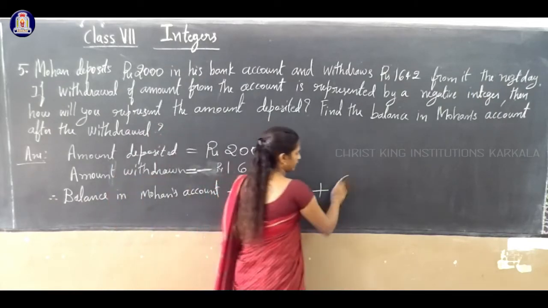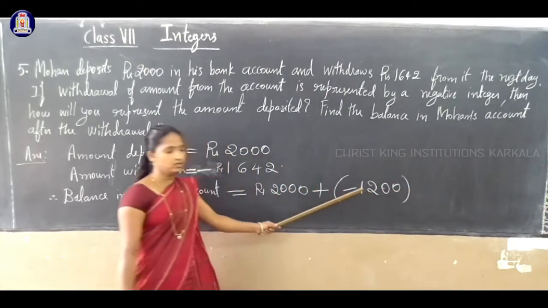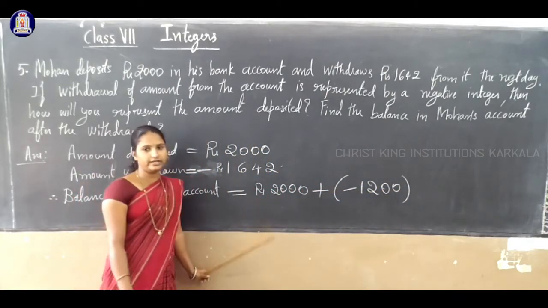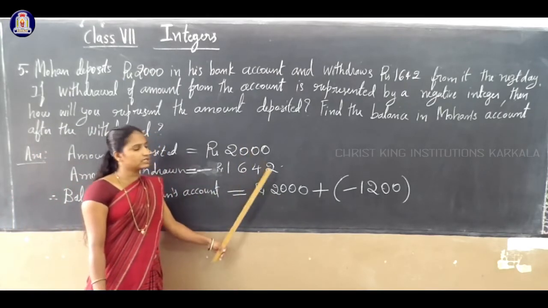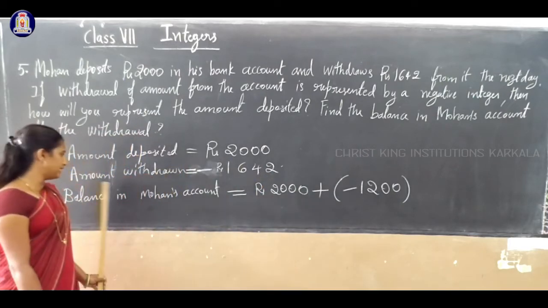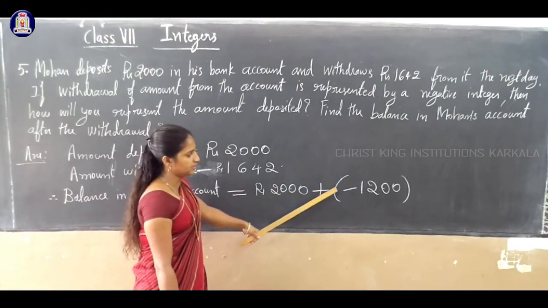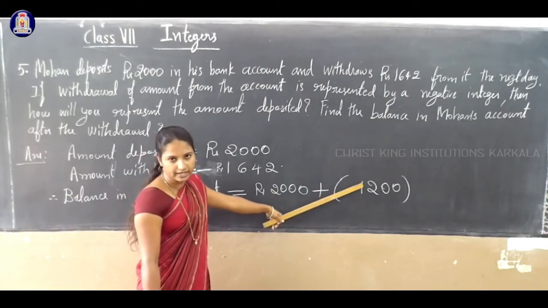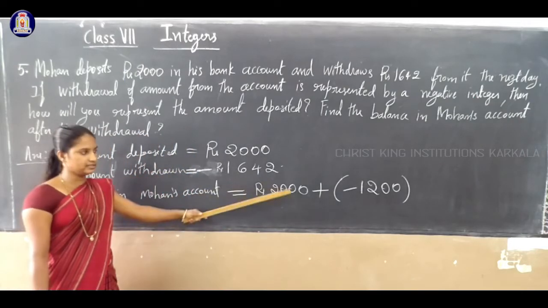You will withdraw minus 1642. So now you have to find the balance money. Clear? Directly you can subtract 2000 minus 1642. So write like this: balance in Mohan's account is rupees 2000 plus minus 1642.